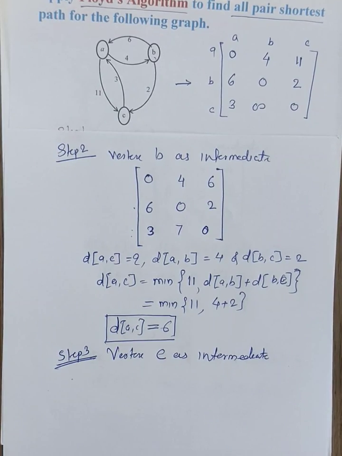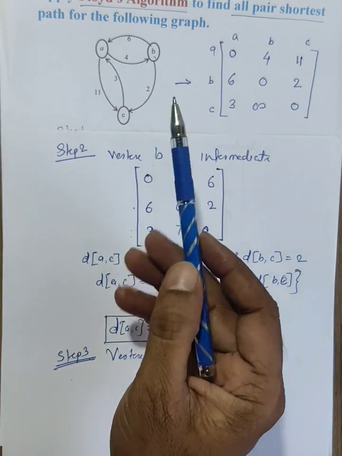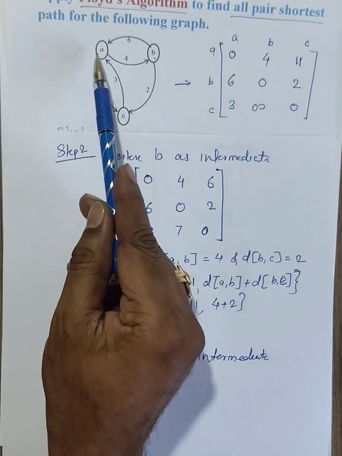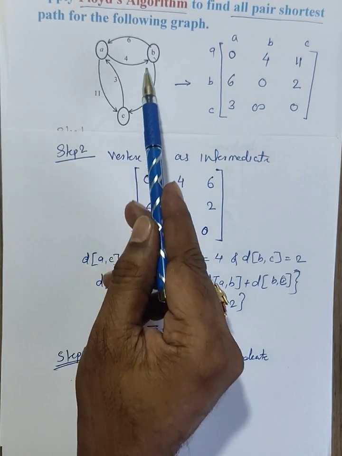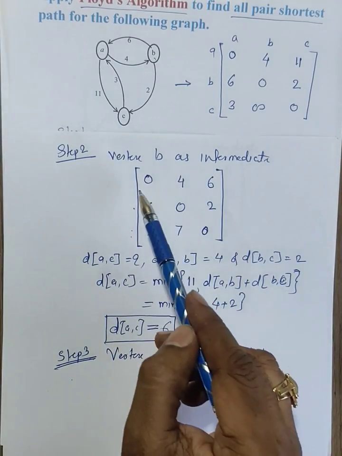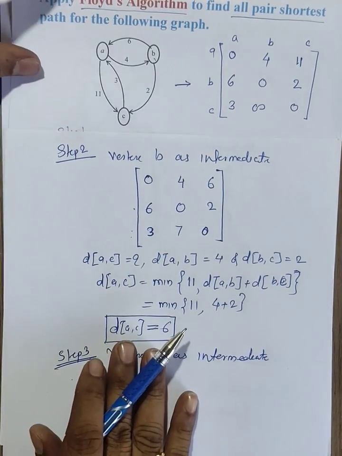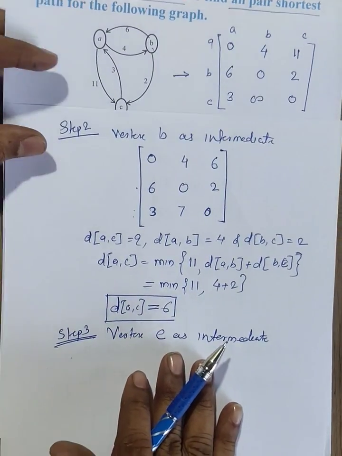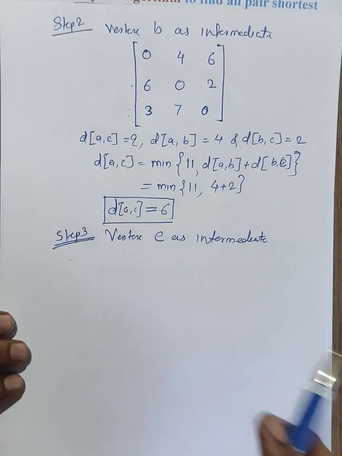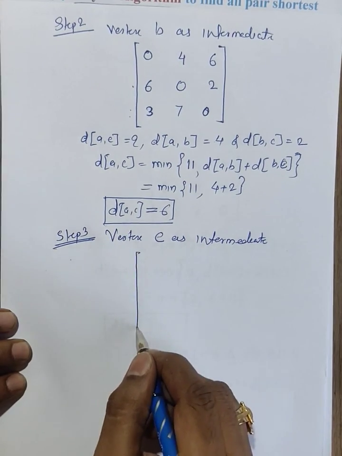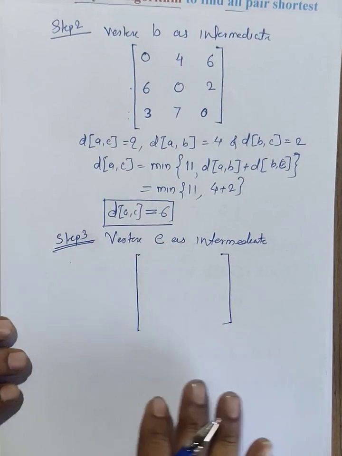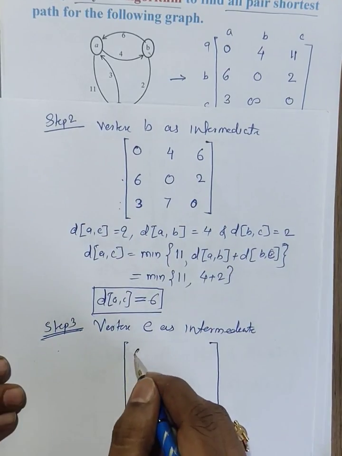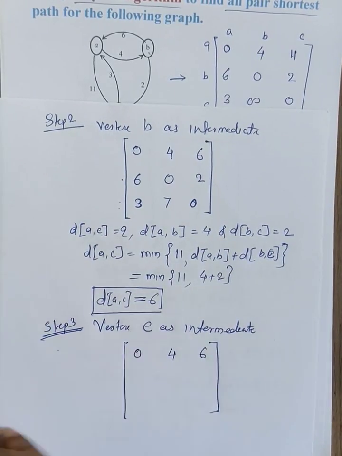If all are intermediate, then we can find A to B is 6. Using C, 11 plus C to B, edge is there? No. Means first row will get same values. This is step 3. In step 3, we'll get same values. First row same values 0, 4, 6.